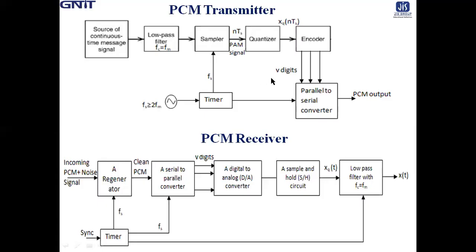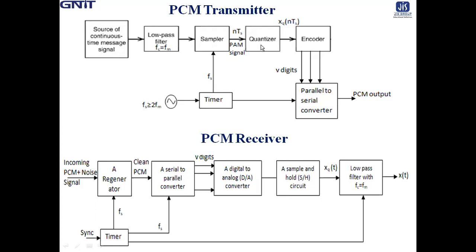Next is the PCM transmitter. In the PCM transmitter, first is the source of the continuous-time message signal. Then it goes to the low pass filter, where we get a band-limited signal whose cutoff frequency fc is equal to fm. Then it goes to the sampler, where the sampling frequency is fs.